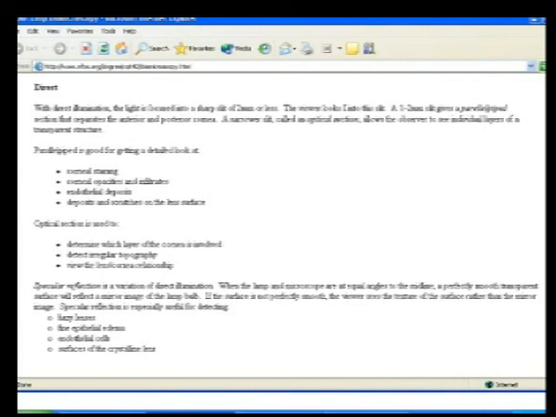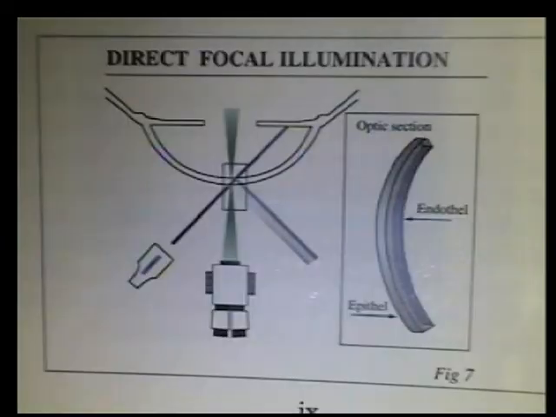The parallelepiped is going to be good for staining, opacities, infiltrates, deposits on a contact lens. The optic section gives us a more cross-sectional view, so we can use that for seeing how deep an abrasion is, where an embedded foreign body might be, where an opacity is located. We can look for signs of thickening or thinning of the cornea.